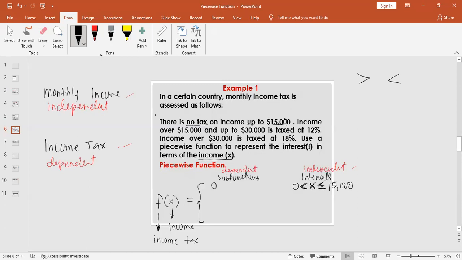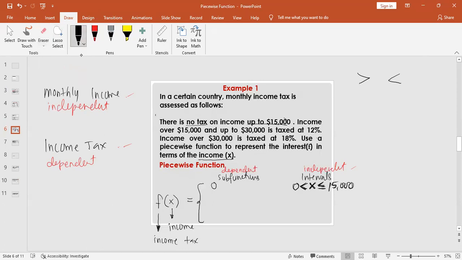Okay, while this one is less than. Okay, so in Filipino, we will read this as pag ang income mo daw ay mas mataas sa 0, pero hindi tataas sa $15,000, walang magiging tax. Okay? So we are done with the first subfunction.